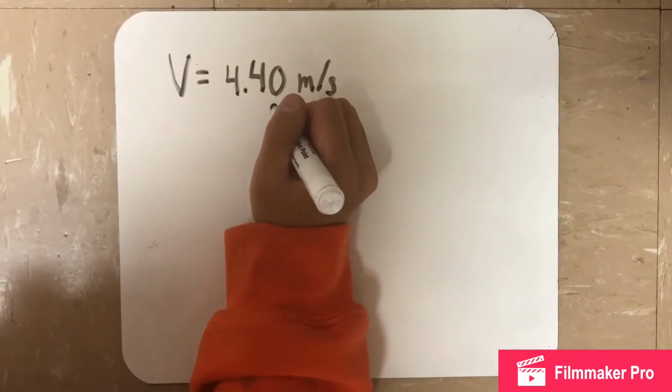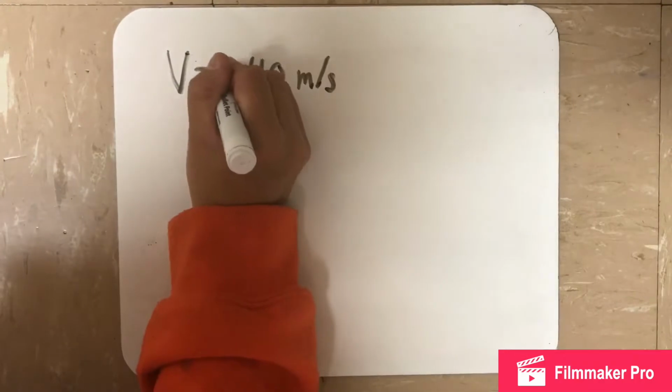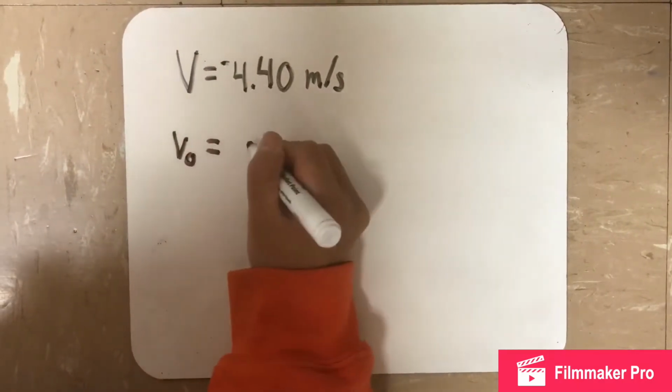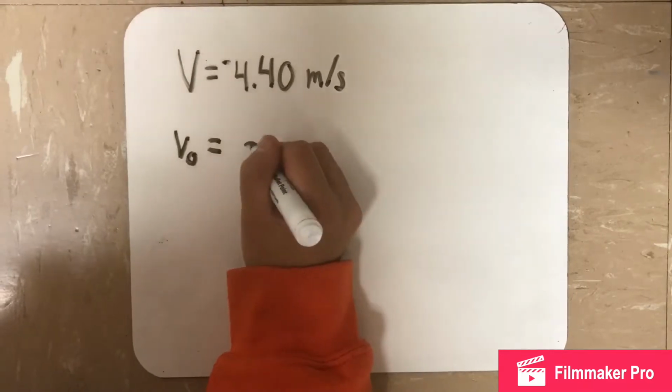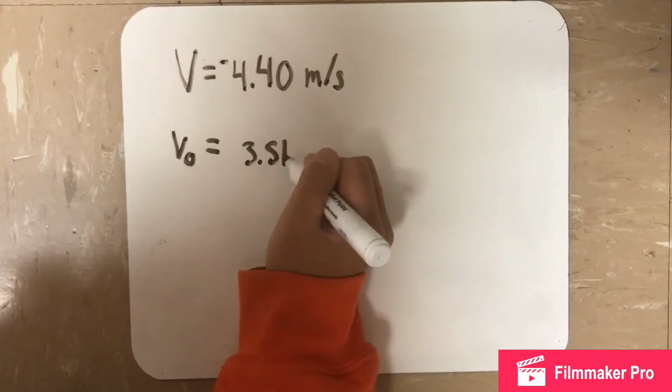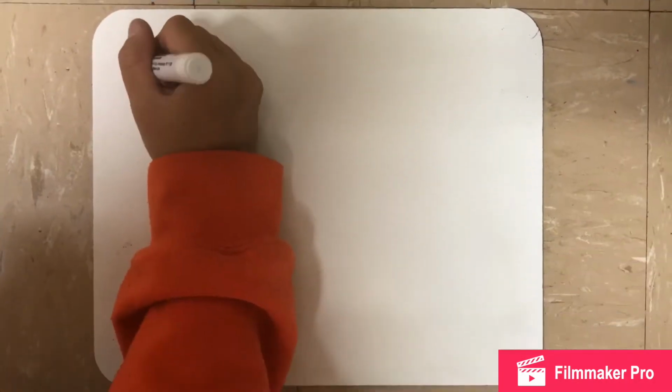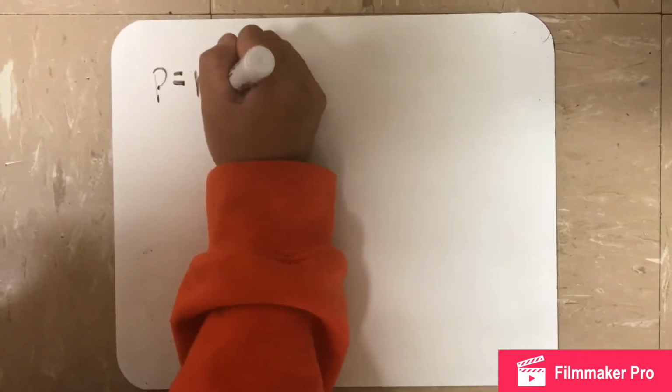So the velocities that we found: this one was the velocity as it went down, and since the direction is going down, it would be negative, and then the velocity we found as it was coming back up, this would be positive because the ball is going up. And now we're going to use the equation for momentum.